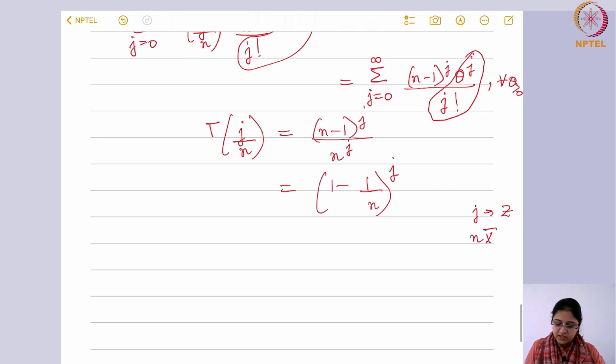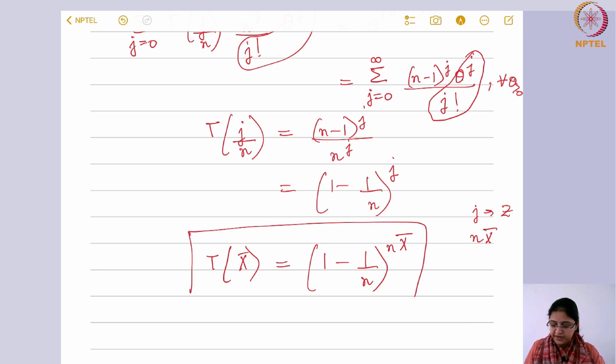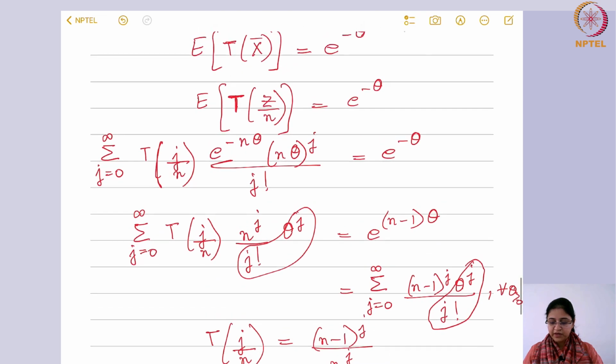So we can write j by n as x bar, and the estimator t of x bar is 1 minus 1 over n raised to the power n x bar. So this is a better unbiased estimator for your parameter e raised to power minus theta.